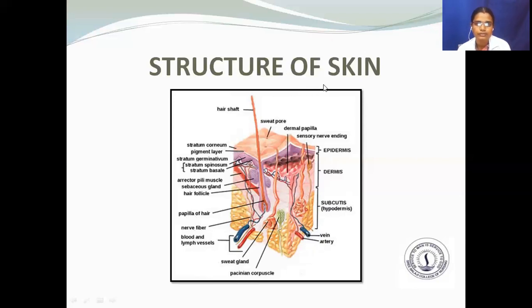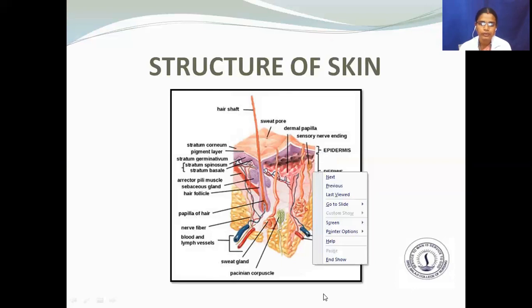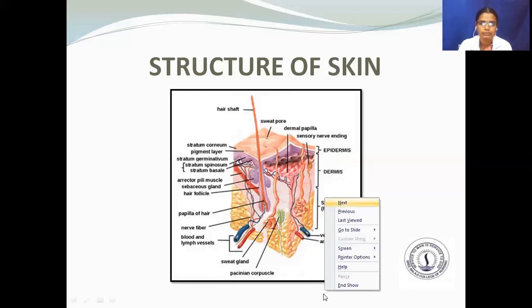These are all the structures of the skin. The outermost layer is called epidermis. The next layer is dermis. Then subcutaneous or hypodermis. These are all the structures of the skin.